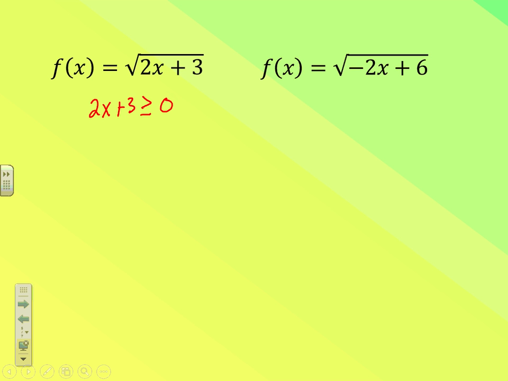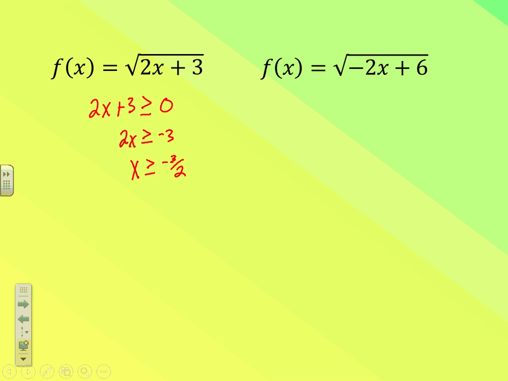So if I move the 3 over, I'm going to get 2x to be greater than or equal to negative 3. Divide both sides by 2, and I would say x must be greater than or equal to negative 3 over 2. So I could have negative 3 over 2, which would give me a 0. I could take the square root of 0, and that's fine. But anything that would be smaller than that would give me a negative number from my radicand and would therefore not be part of the domain.